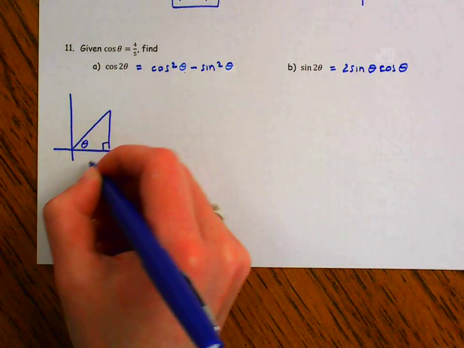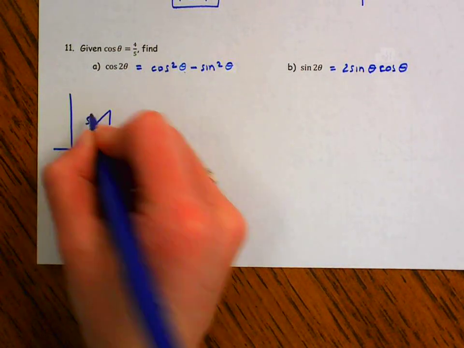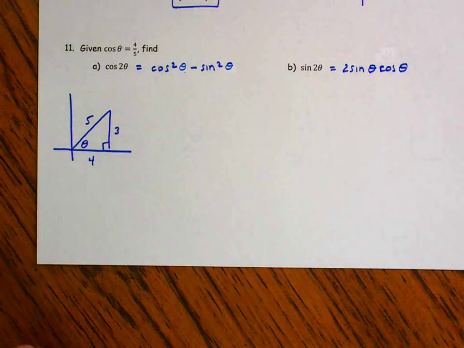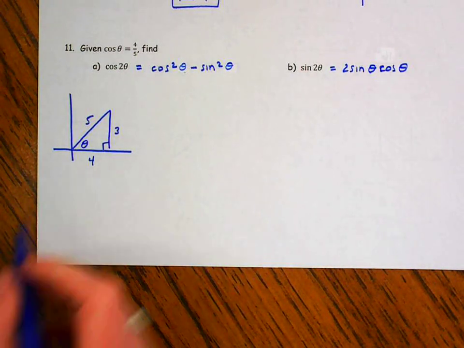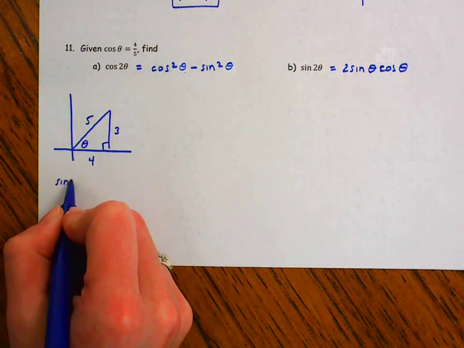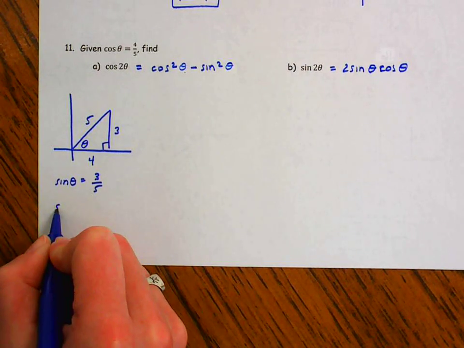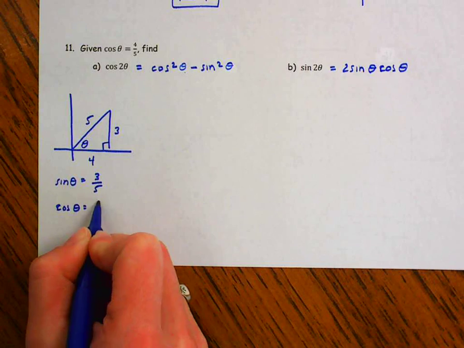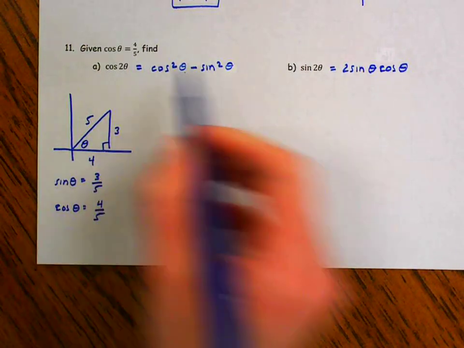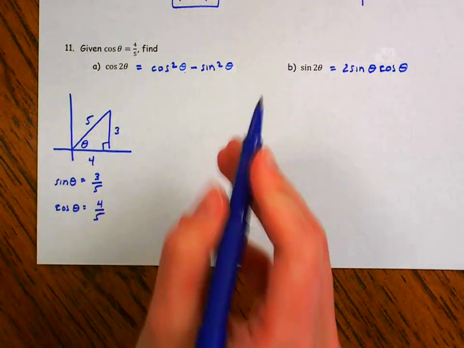So cosine is adjacent over hypotenuse, and hopefully you'll recognize right away that this has to be a 3. So for this picture, sine of theta is equal to opposite over hypotenuse. Cosine theta is equal to adjacent over hypotenuse, and that's all I need for these formulas. So I'm going to start plugging in.